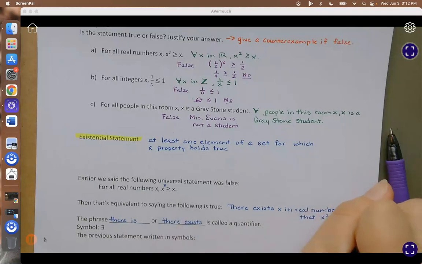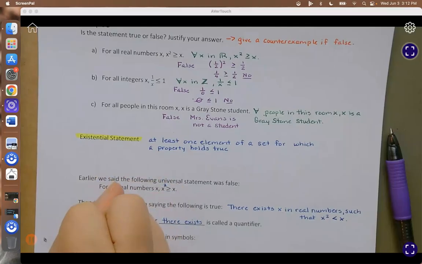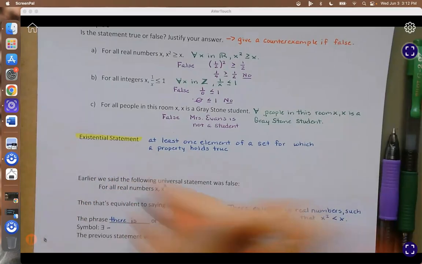So you do the opposite. Okay? So this symbol means there exist.